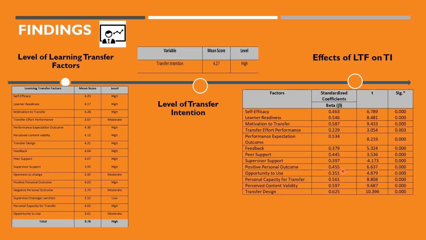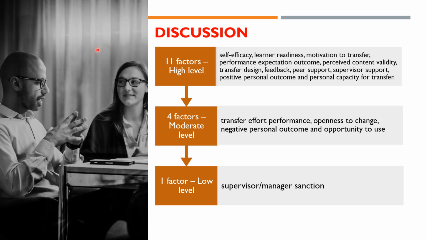Okay, we move to discussion and conclusion. In the first discussion, we found that 11 factors indicate a high level, which are self-efficacy, learner readiness, motivation to transfer, performance expectation outcomes, perceived content validity, transfer design, feedback, peer support, supervisor support, positive personal outcome, and personal capacity for transfer.